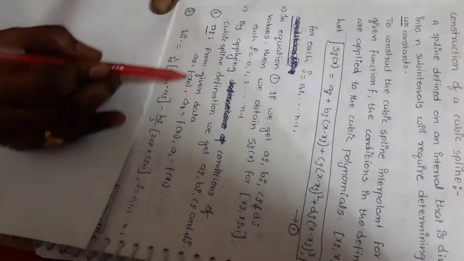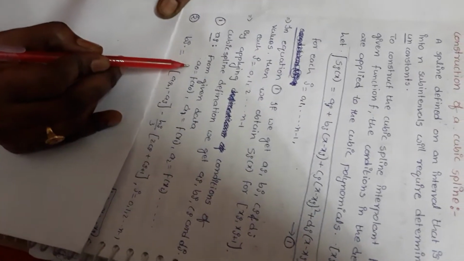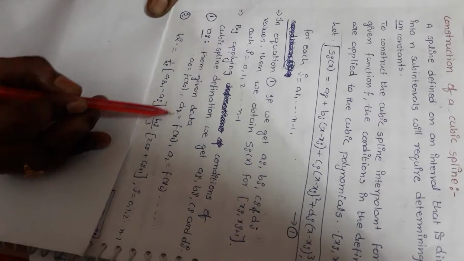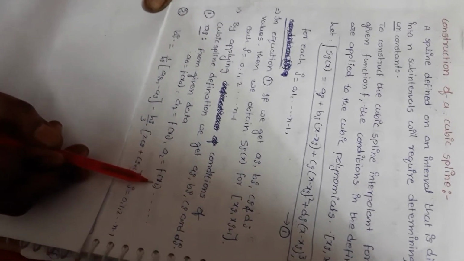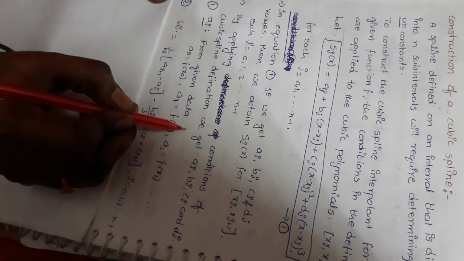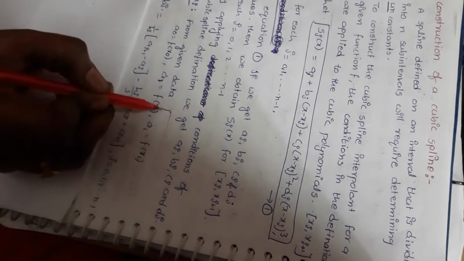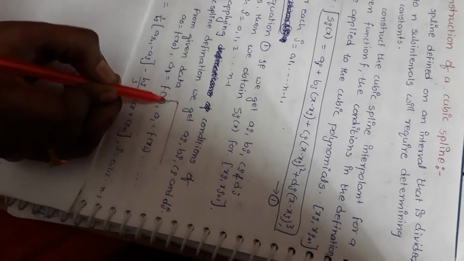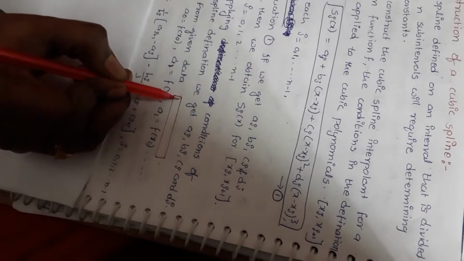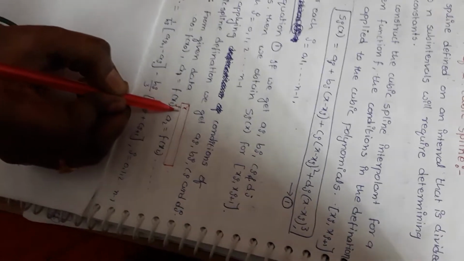After applying the conditions, aj we can get from the given data. A naught is equal to f of x naught, a1 is equal to f of x1, a2 is equal to f of x2. So the given data is the table of x and f of x.